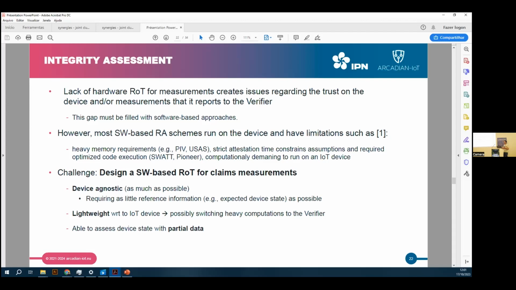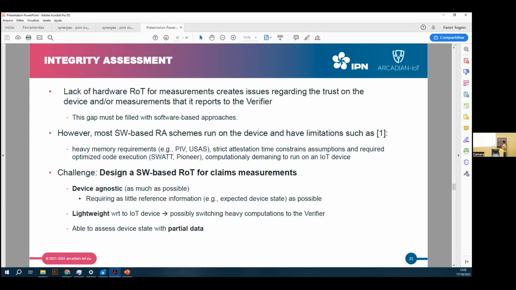It's lightweight on the device, so possibly switching the heavy computations to the verifier, and is able to assess the device state based only on partial data, because if the verifier is the one that does the most part of computations, it cannot have continuous access to the state of the device.